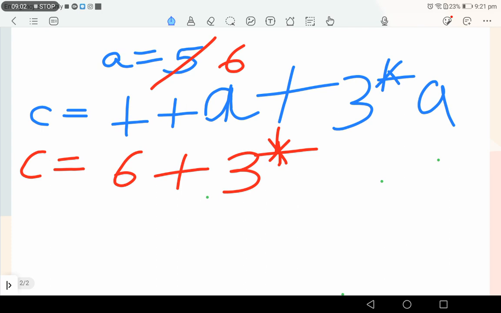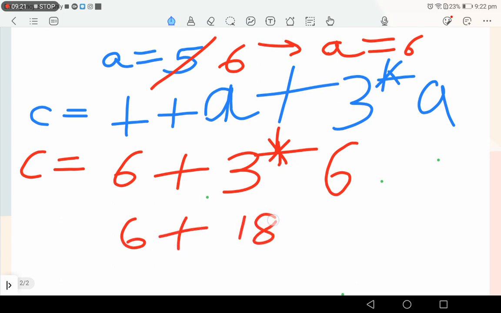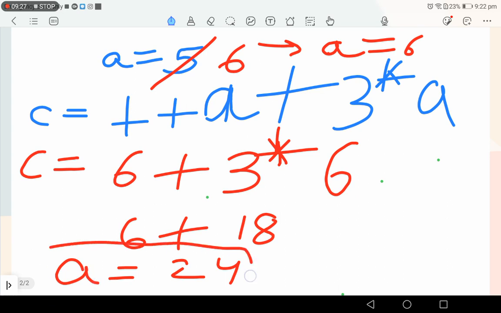If we have increased the value because of the increment or decrement operator, we have to write that only, because now we have increased it. Now the value of a is equal to 6, so we write 6 only. So 6 3s are 18, and 6 plus 18 is equal to 24. So the value is 24.